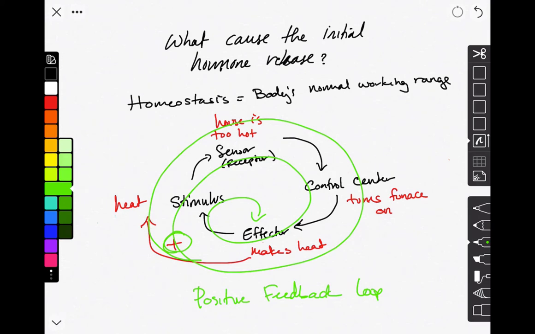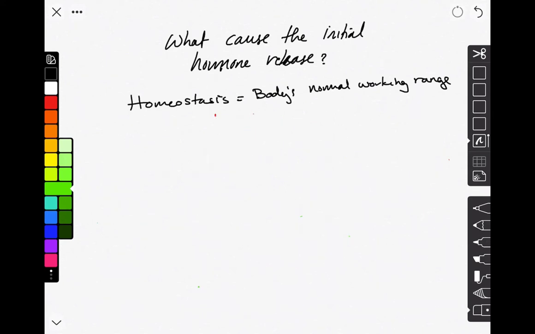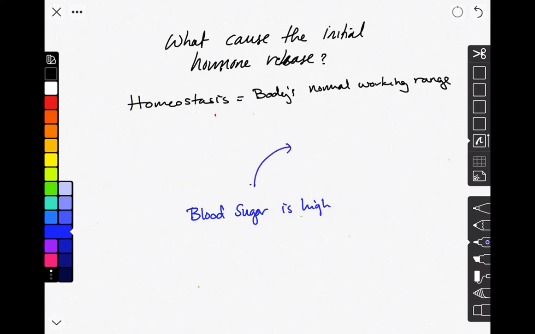So let's think of this in an endocrine sense. In an endocrine sense, we can think of blood sugar. And let's think you've just eaten, so your blood sugar, your blood glucose, is high. What's going to happen is that this information is going to get relayed to cells within your pancreas.